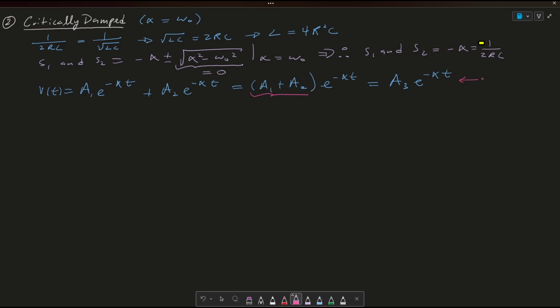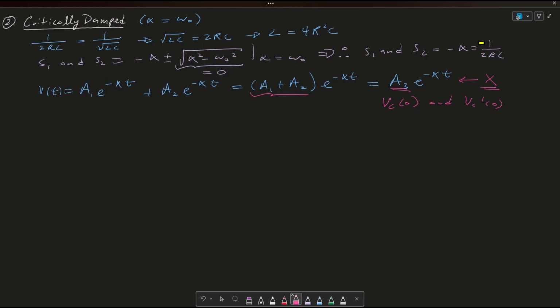Now we say that this is the wrong answer, simply because the two initial conditions, which are the voltage across my capacitor at time equals 0 and its derivative, VC prime of 0, cannot be satisfied with the single constant A3.